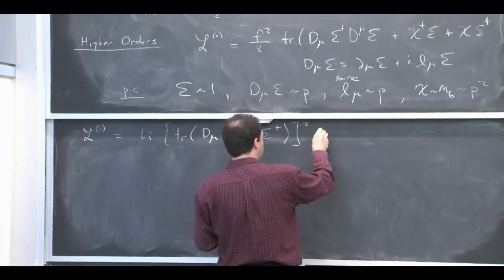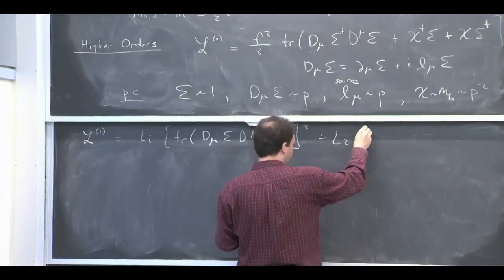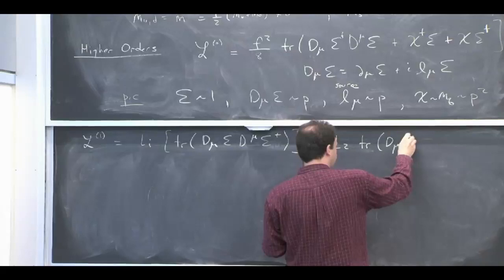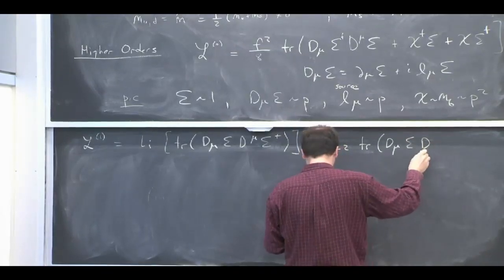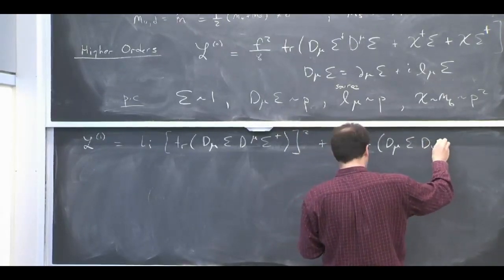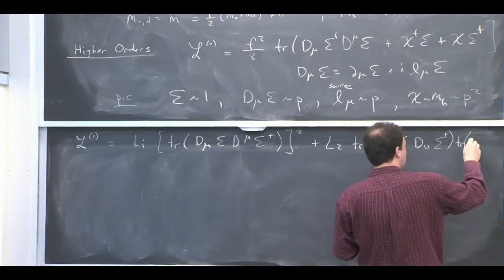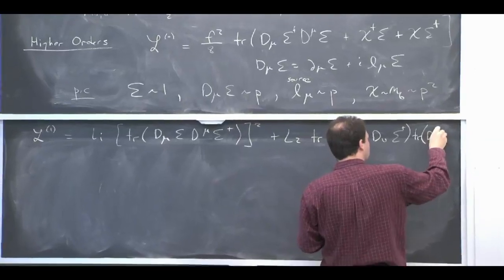I'm now in SU3, and it turns out that one of the relations that we used in SU2 doesn't carry over to SU3. So if I just think of terms with 4 covariant derivatives, it turns out that there's one more operator there.